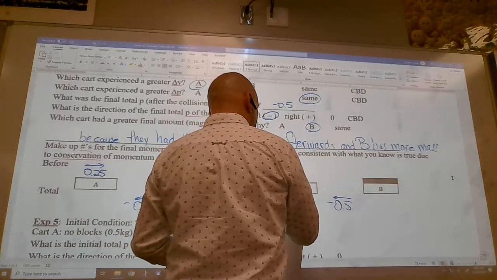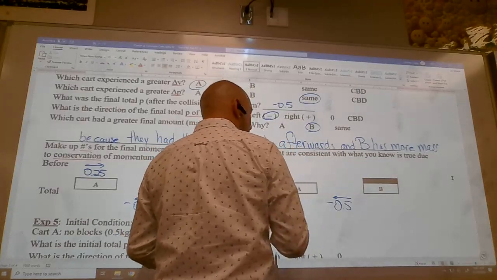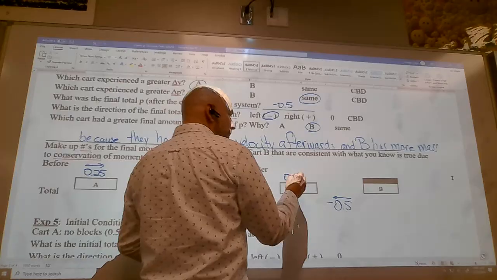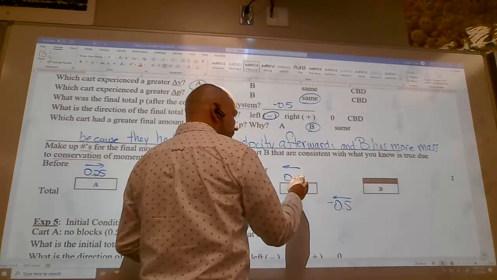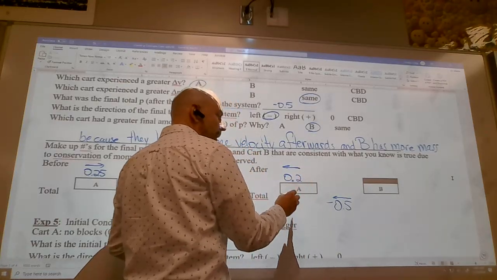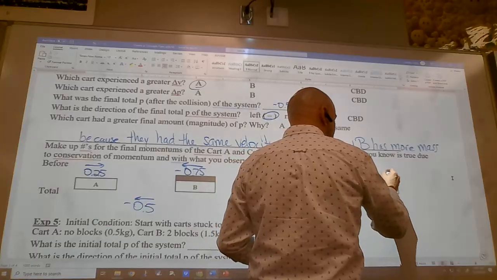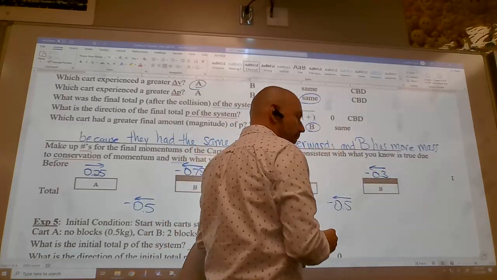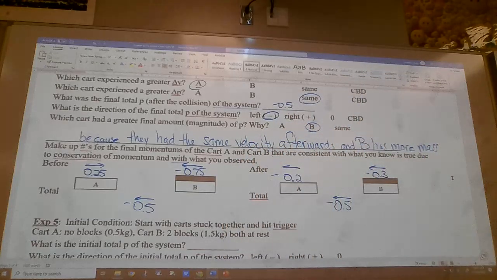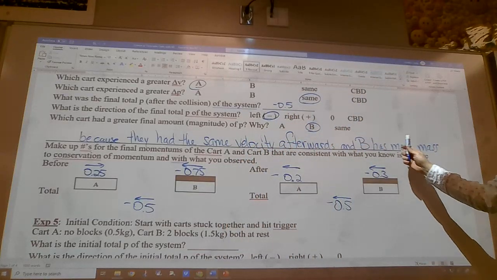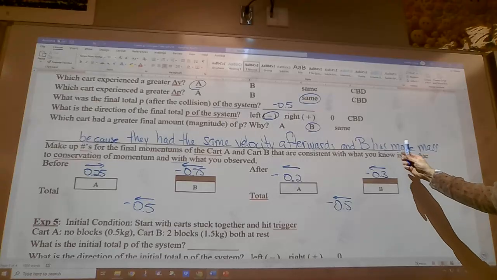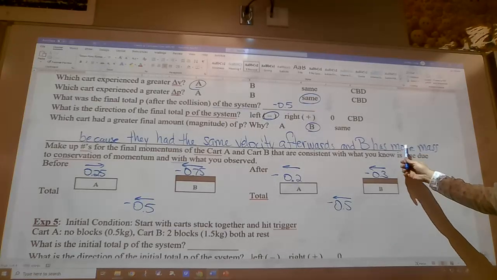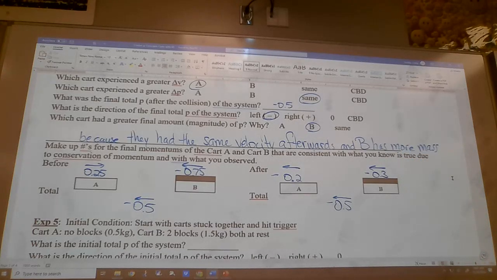So when we answer these, both of these are going in the negative direction. You just need to make sure that A is less than B. Okay? Does this make sense? Why B has more momentum afterwards?